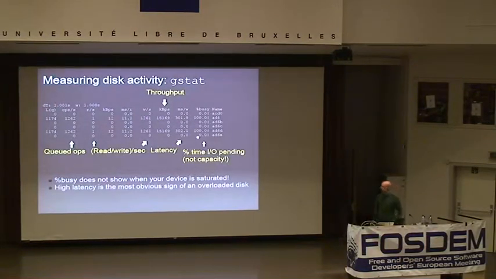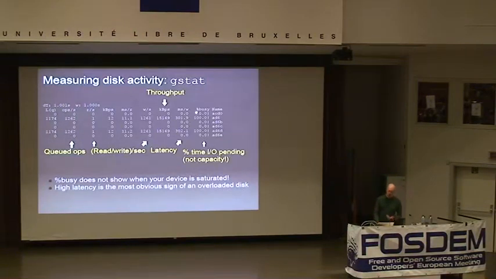The percent busy column, by contrast, only tells you what percentage of time was at least one operation pending. So in this case, we have as many as 1,200 operations that are queued up. These are maybe overlapped by the disk hardware, and at any given time there may be several operations in the process of being completed, or there may be as few as one at any given time.